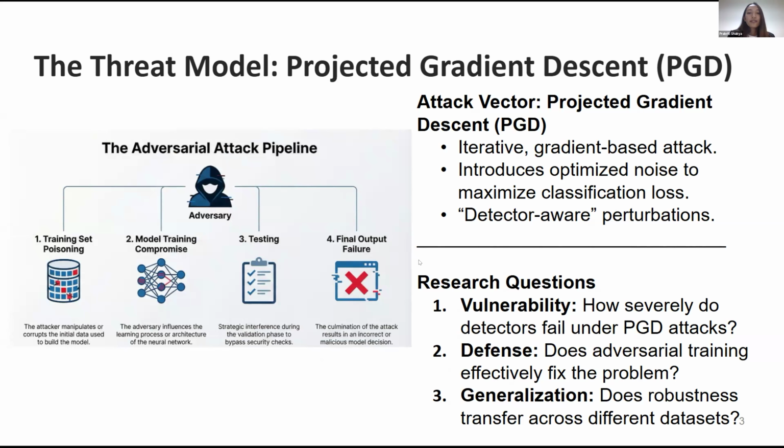To simulate this behavior, we generate adversarial examples using projected gradient descent, or PGD. PGD is an iterative gradient-based attack which manipulates the inputs in such a way that it maximizes the model's misclassification while keeping the perturbation very low.